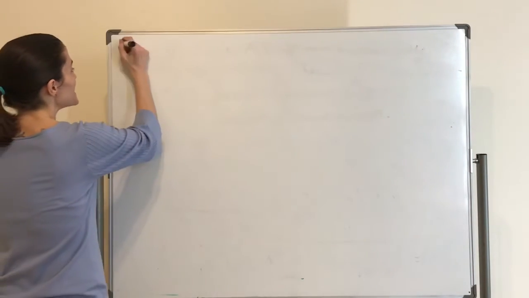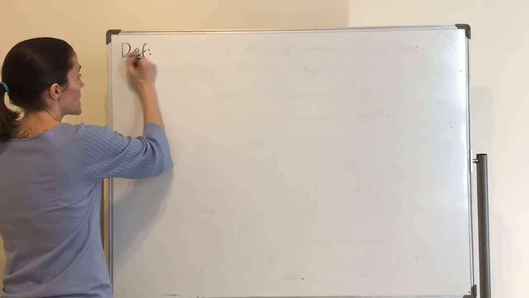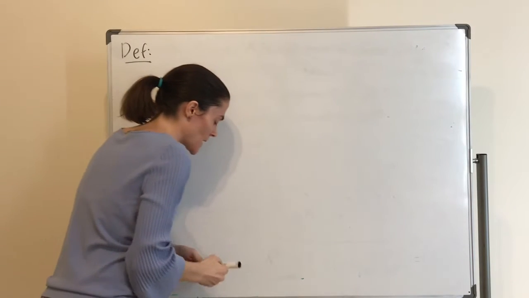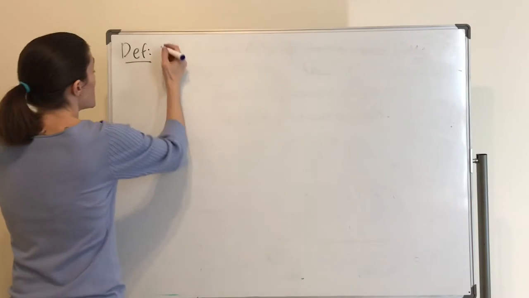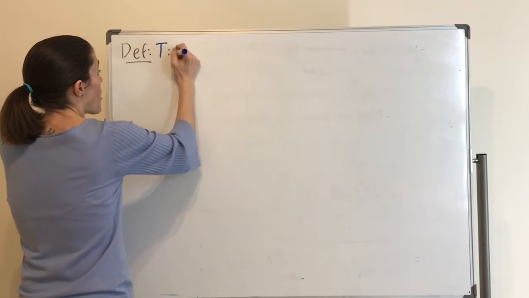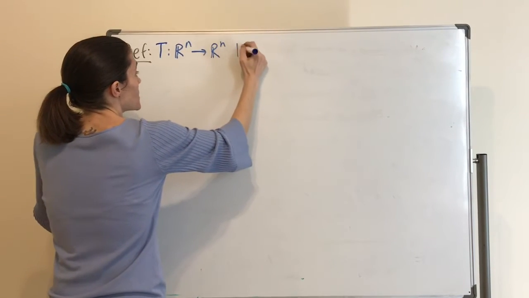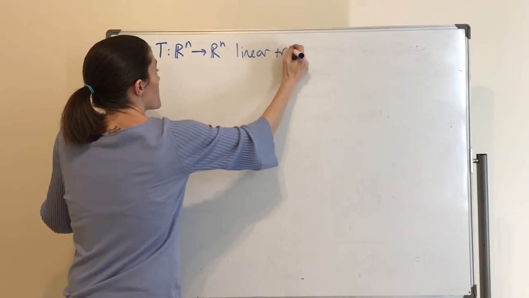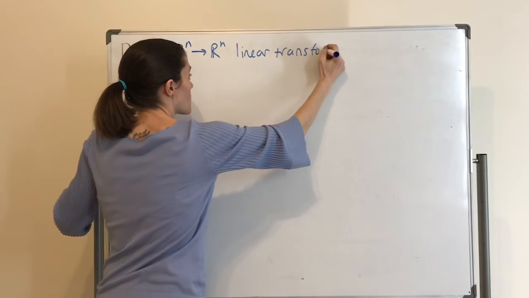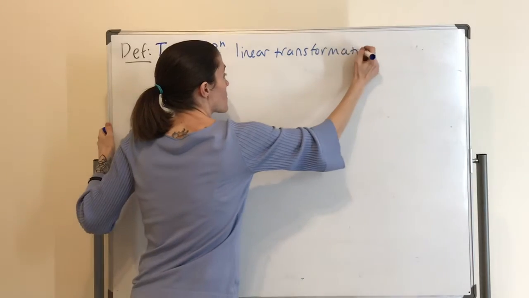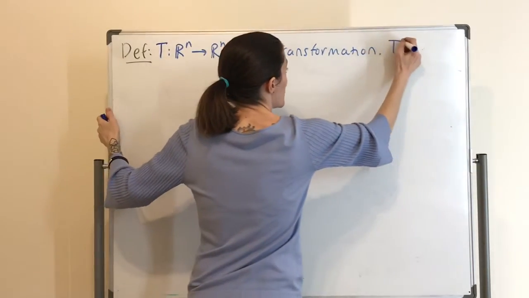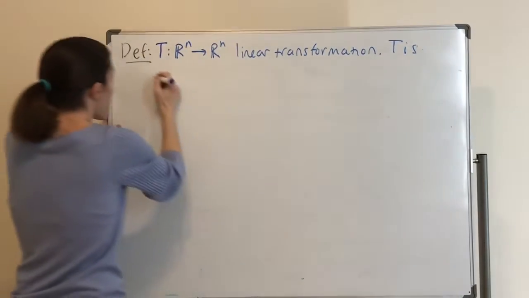So let's start with a definition about transformations, because we're moving back to transformations. If you have T from Rn to Rn, and this is a linear transformation, T is orthogonal.